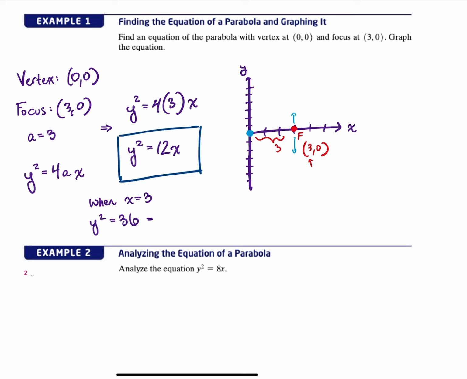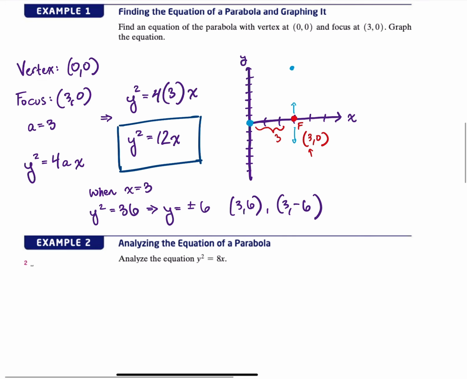So when we take the square root, we can say y should equal plus or minus 6, square root of 36. So that means we have our vertex point, but we should also have the point positive 3, positive 6, and positive 3, negative 6. So let's place those. Positive 3, positive 6 is up here, and positive 3, negative 6.